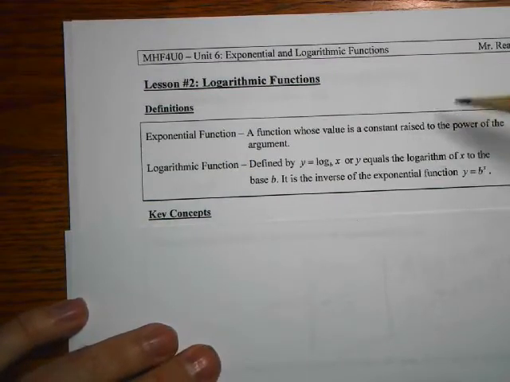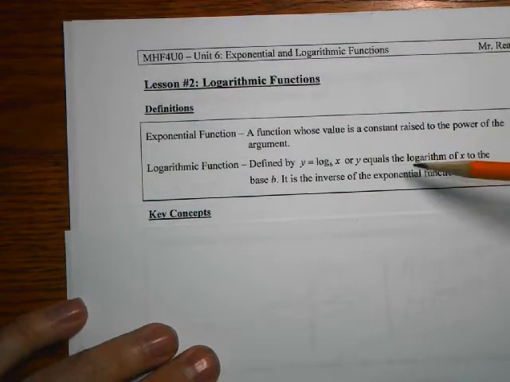So here are the definitions. An exponential function is a function whose value is a constant raised to the power of an argument or variable, like y equals 2 to the x or 4 to the x. The variable is the exponent or the power.